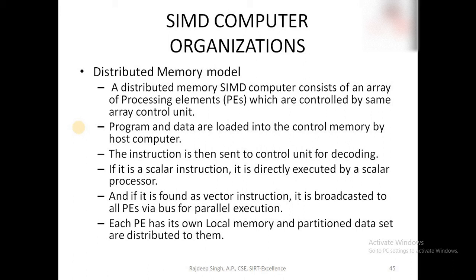Program or data are first loaded into control memory by the host computer, as we did in the vector processor. Then the instruction is sent to the control unit for decoding.